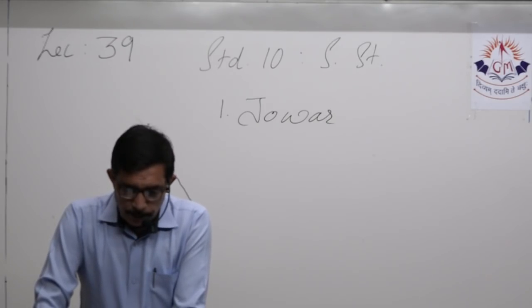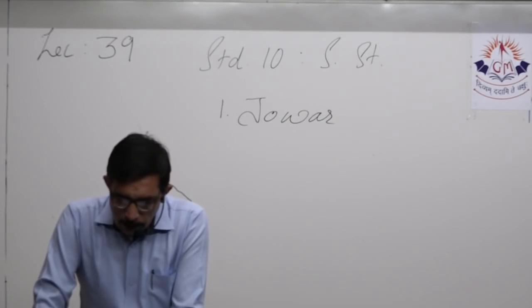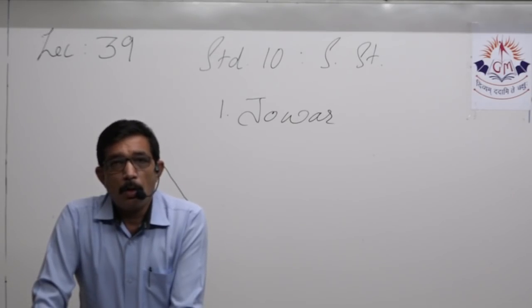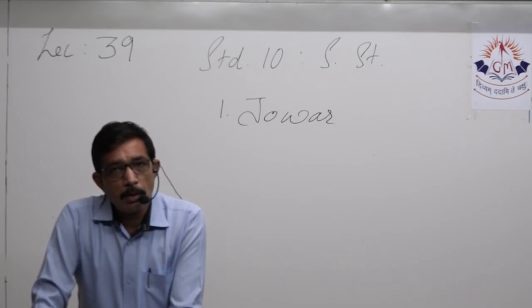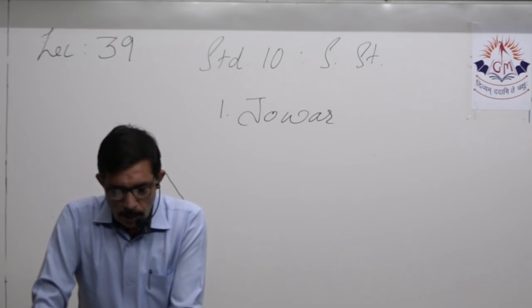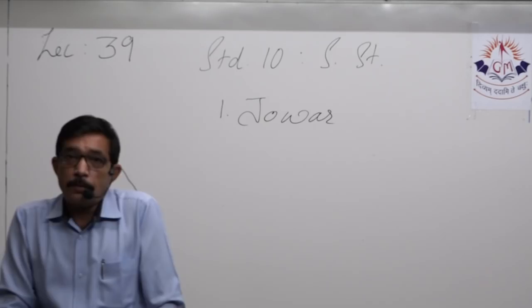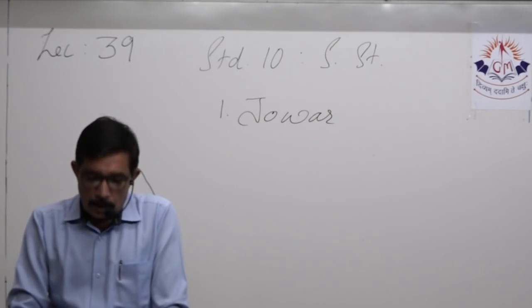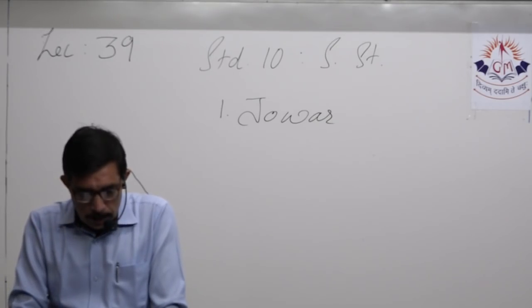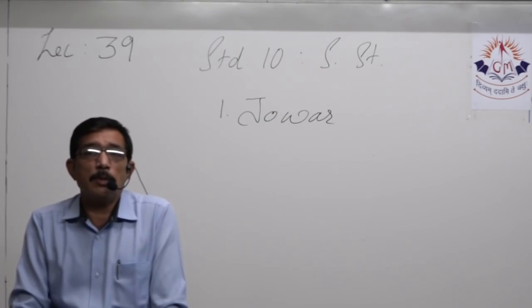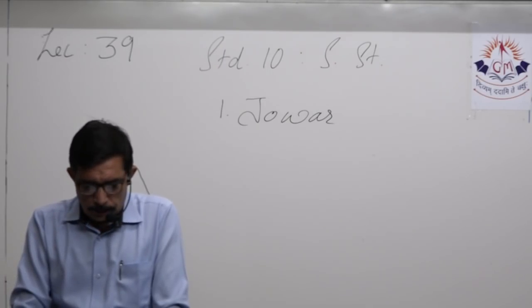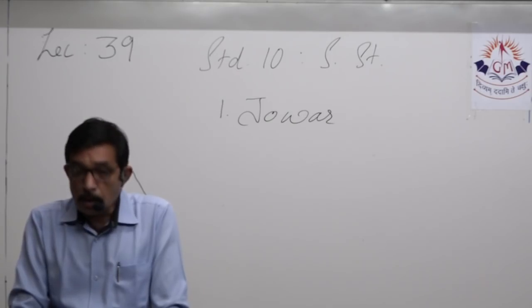Seeds of crops from which oil can be extracted, they are called oil seeds. This is the definition of oil seeds. Seeds of crops from which oil can be extracted are called oil seeds. The first name given is groundnut, that is moongfali, not kharishing.